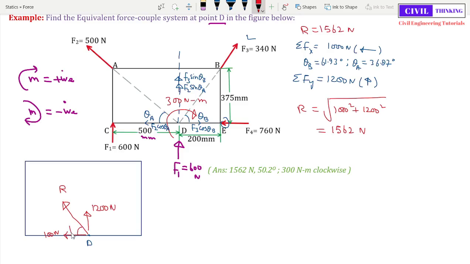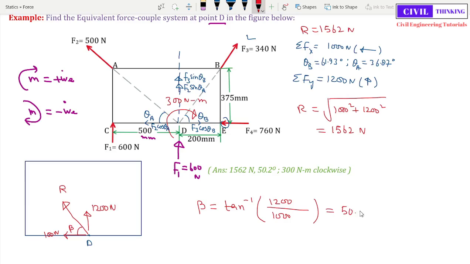Let me call this angle beta. Then we know the value of beta is tan inverse of 1200 Newton divided by 1000 Newton, right? Now Newton and Newton will cancel out, so let me use a calculator. Tan inverse of 1200 divided by 1000 is approximately 50.2 degrees.